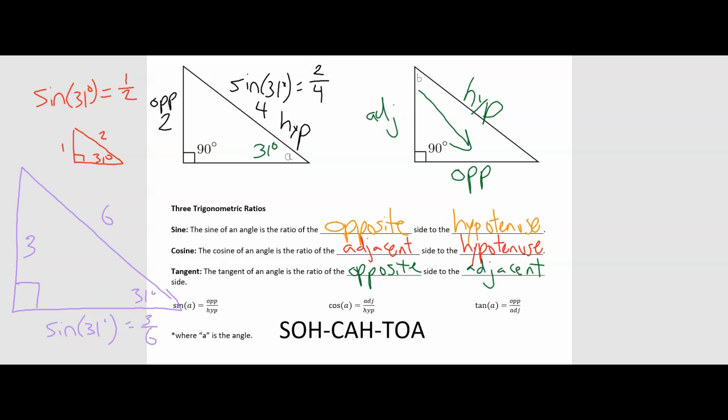The ratio will stay the same. That's why these ratios are special. Cosine and tangent, they're just different ratios with the same properties. Those ratios for cosine and tangent will stay the same regardless of how big or small your right triangle is, as long as those triangles are similar, as long as they have the same angle measurements.